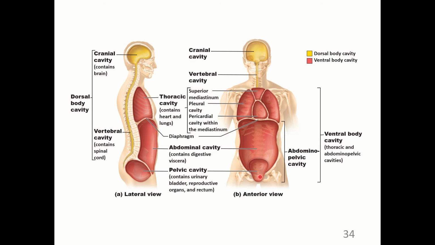The abdominal and pelvic cavities are usually joined together and called the abdominopelvic cavity. These contain the digestive viscera. The thoracic and abdominopelvic cavities are separated by the diaphragm.